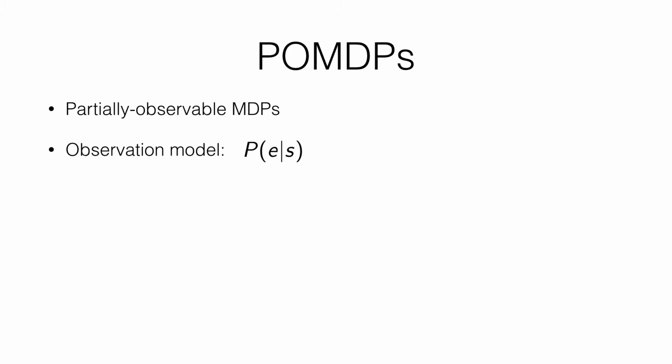So it's going to be something called partially observed Markov decision processes, or POMDPs, is what they're affectionately called, I suppose. The idea is that we're going to have an observation model: the probability that we observe some evidence E given that we're in state S. What this captures is the idea that sometimes we're going to have noisy observations.